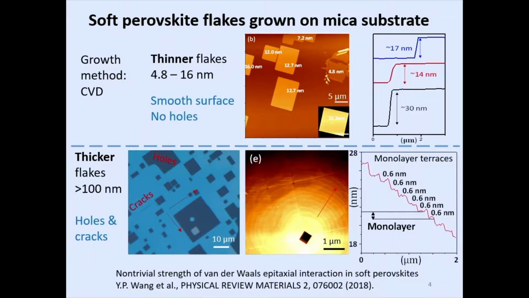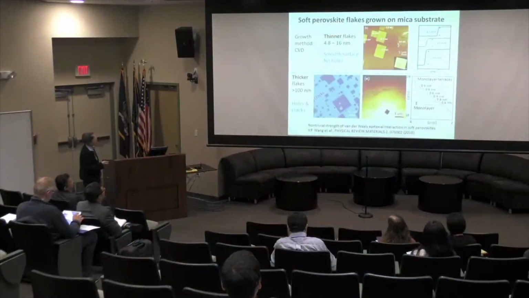is the perovskite, which is grown by CVD by my colleague in materials science and engineering. There are two thickness regimes. One is the very thin flakes. As you can see, they form very nice regular shapes, okay? And if you use AFM to scan one of the flakes, you see a very nice, sharp step up, then a smooth surface, 13, 17 nanometers or thicker, okay?